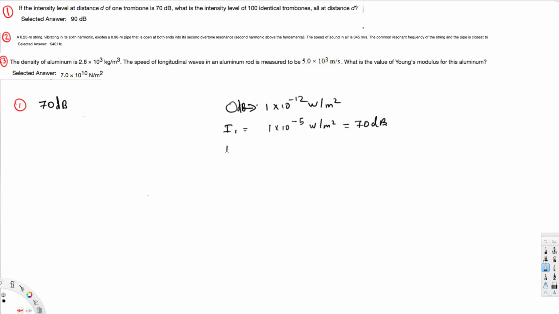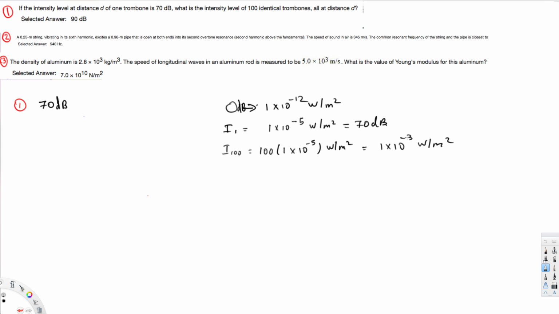What happens if you have 100 trombones? We just simply multiply this value by 100. So 100 times 1 times 10 to the power of minus 5 watts per meter squared gives me 1 times 10 to the power of minus 3 watts per meter squared.